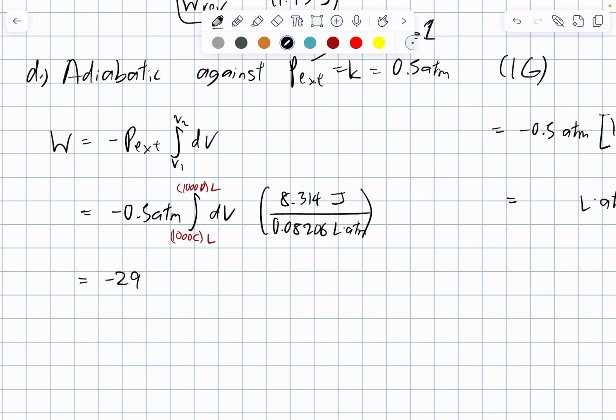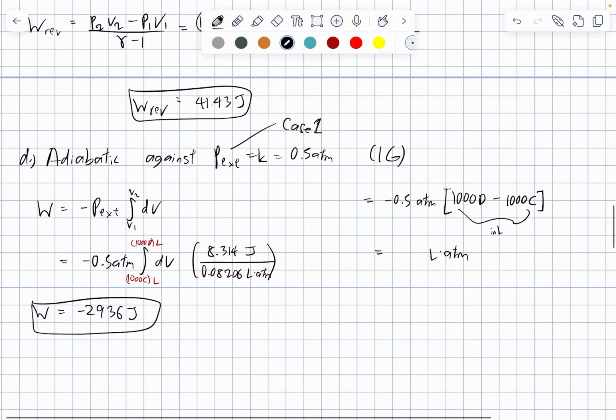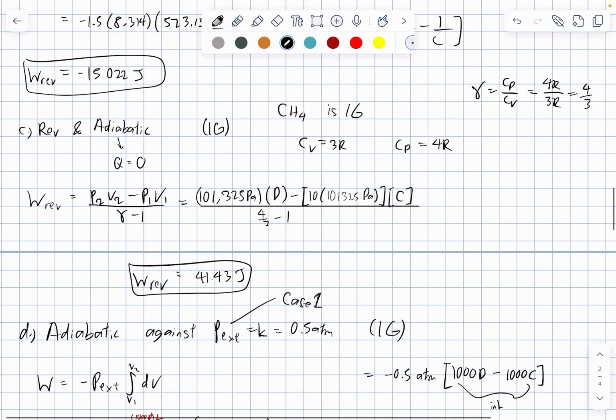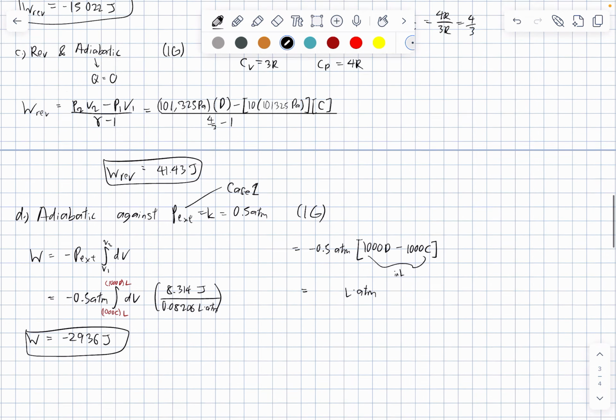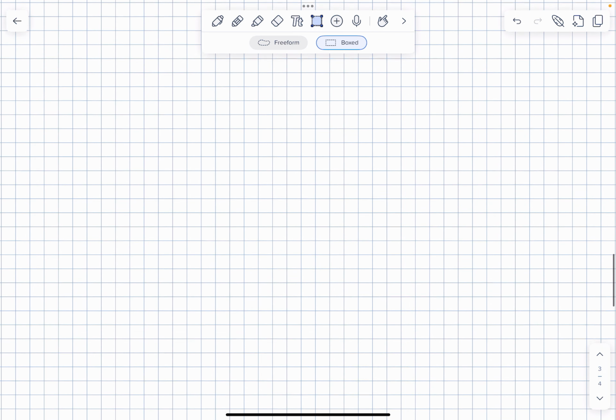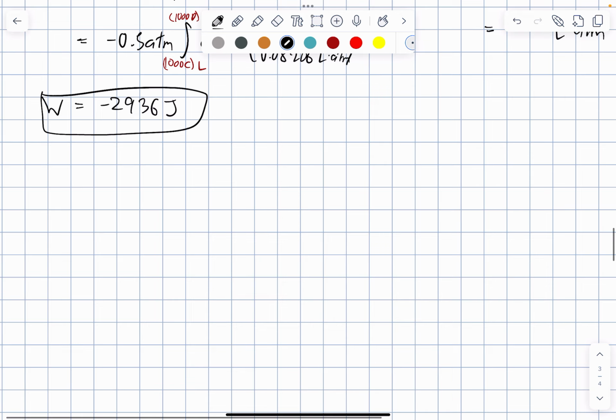Our answer is negative 2,936 joules. My answer is similar, I remember. Yeah, my answer is pretty similar. It's just letter C that's pretty messed up for me in this part. Let's move on. Let's answer another question.